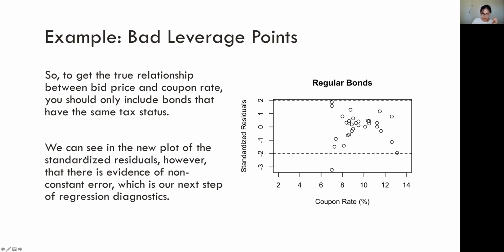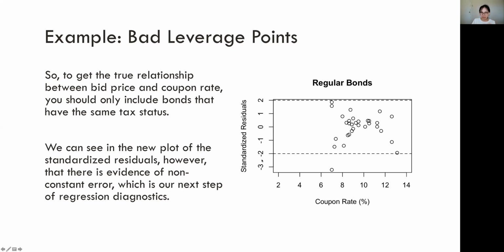And now in the newly fitted data, we can see the standardized residuals, well, sorry, I meant to say it now reflects our true relationship between the bid price and coupon rate for the data which have the same tax status, from the same category.